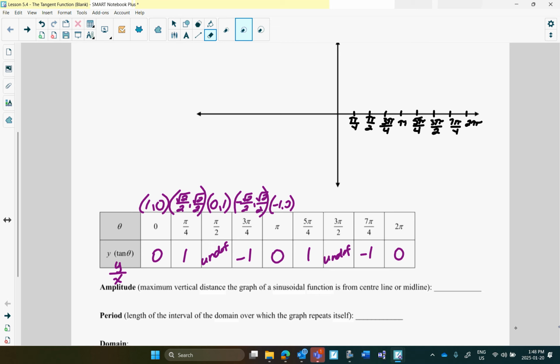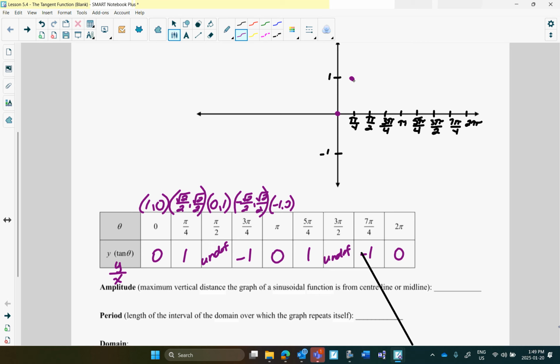And on the vertical axis, it's going to be 0, 1, or negative 1. So I'm just going to put 1 up here, or undefined. Okay, so let's put this in. 0 is 0. Pi over 4 is 1.